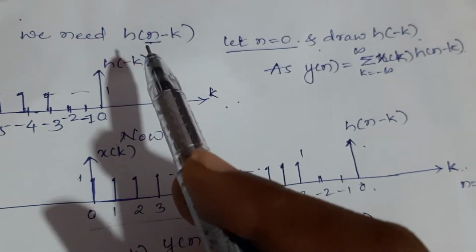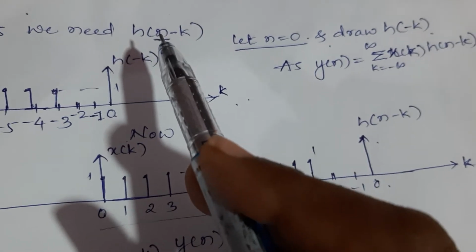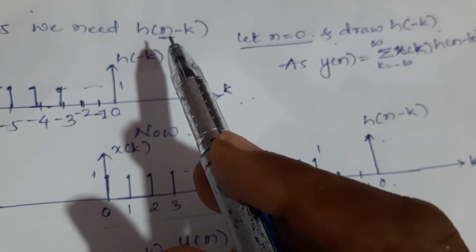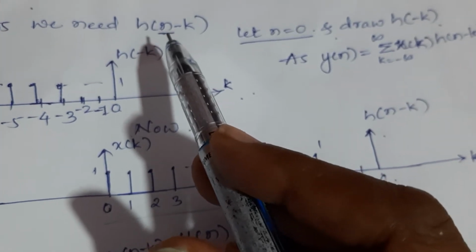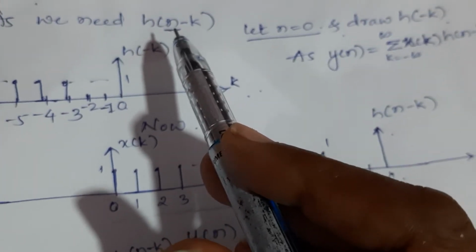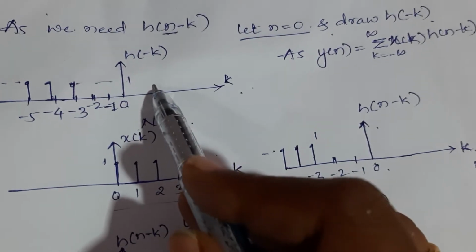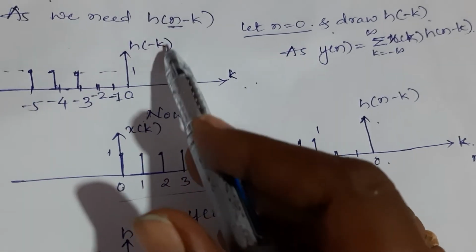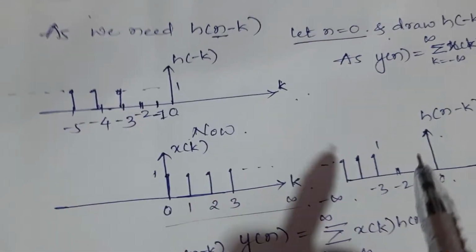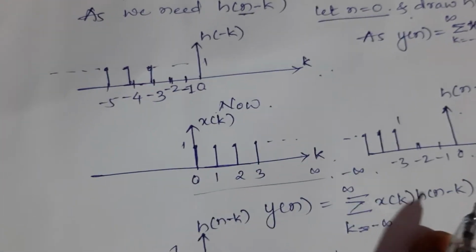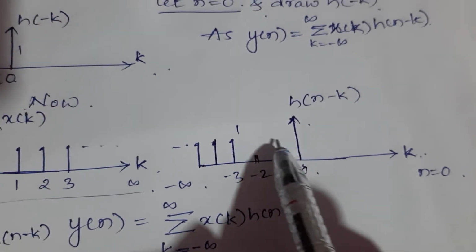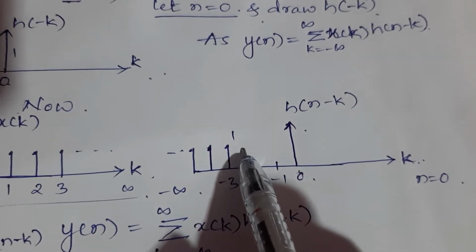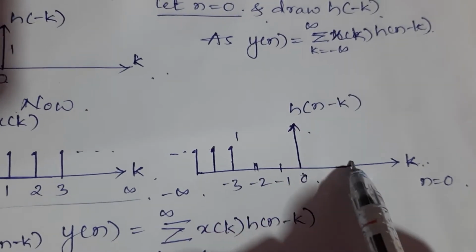Now here n is a variable and n can take any value from minus infinity to plus infinity. So when n is positive, the h of n minus k signal will be moving. When n is positive, it moves to the right.